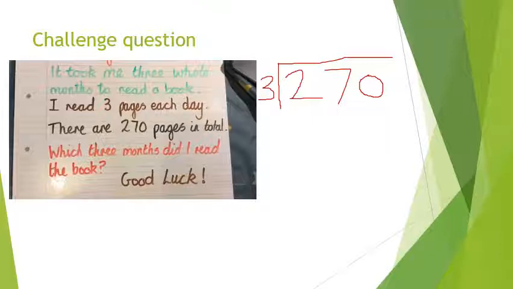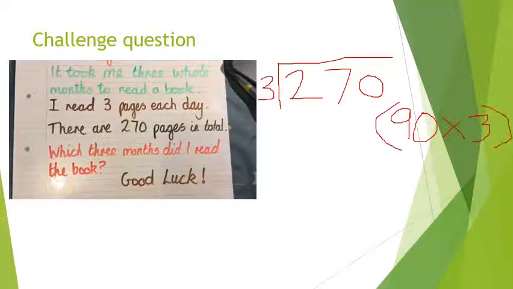That's right, because I've got 27 here and I've got a 0, which means that it's a multiple of 10 of that amount of 3s. So 9 times 3 equals 27, which means that 90 times 3 must equal 270.